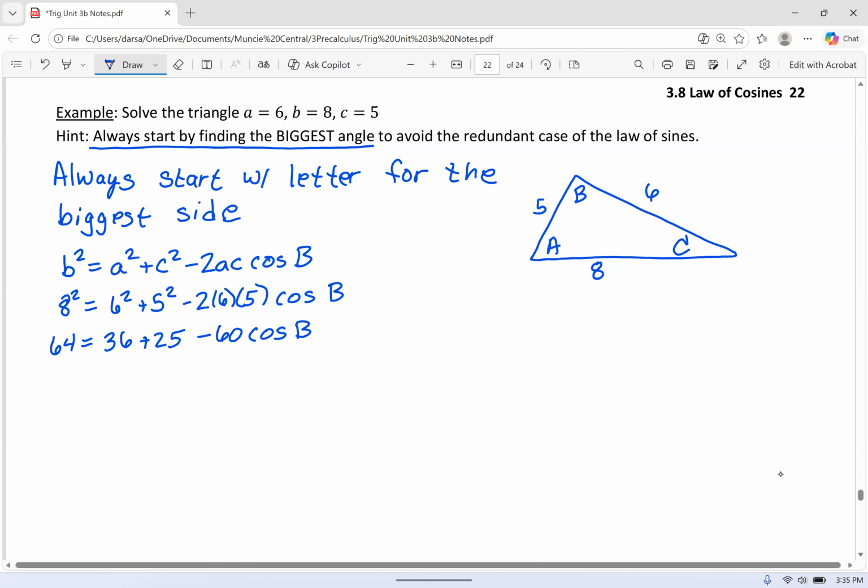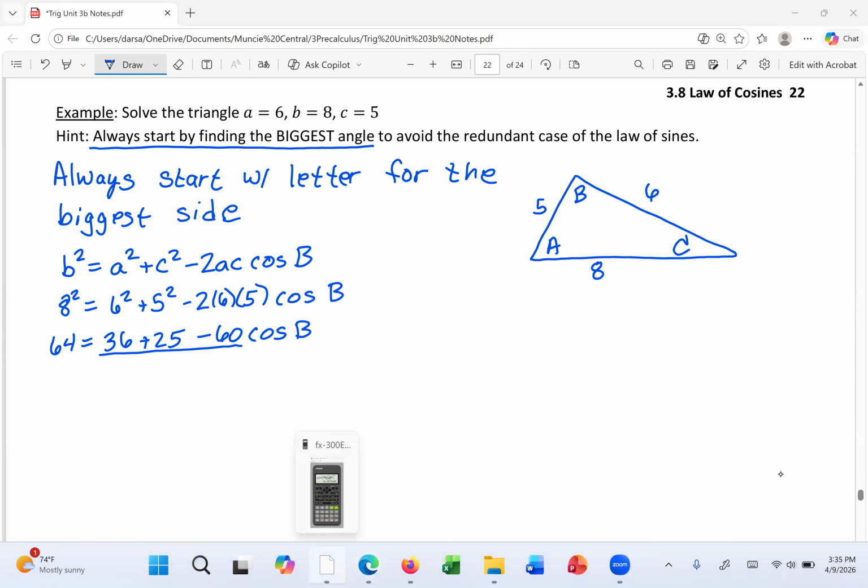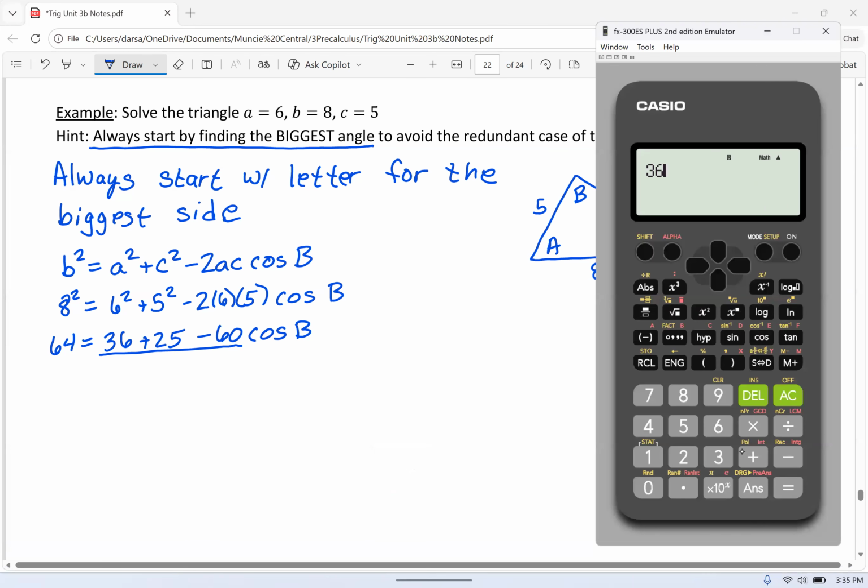Now, I am going to show you the biggest mistake that happens, and I want you to not do it. So here's the biggest mistake that I get. I get students that say, okay, 36 plus 25 minus 60, and they take all three of these and add them together. Okay, so we're going to grab our calculator and see, 36 plus 25 minus 60 is 1.